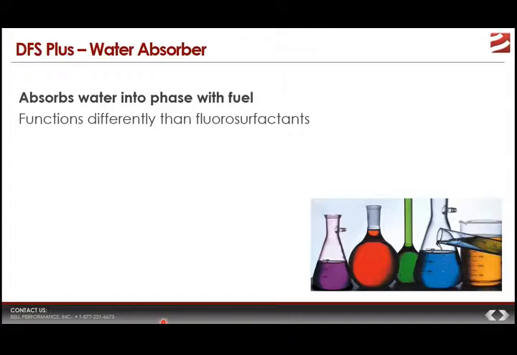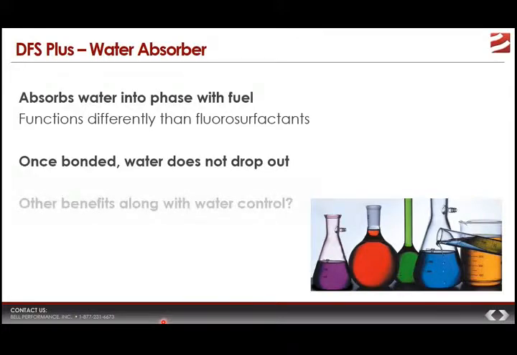Well, DFS Plus works differently because it actually dissolves the water, makes it disappear. Once that water is dissolved into the fuel, it will stay locked into the fuel. Unlike suspended water, it does not drop out due to the action of gravity over time.